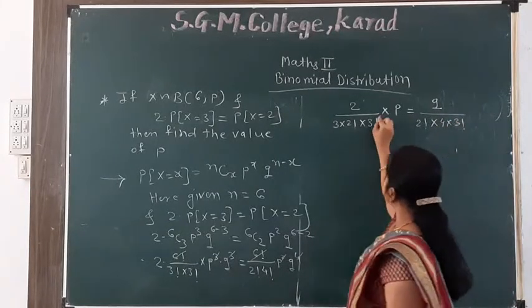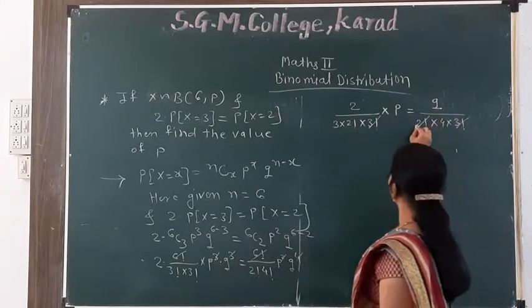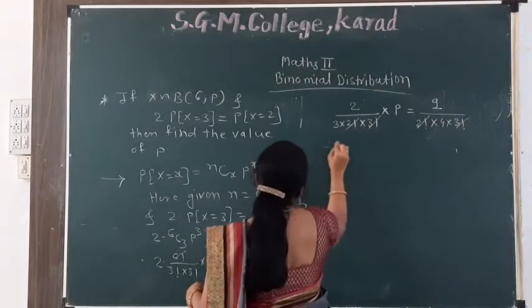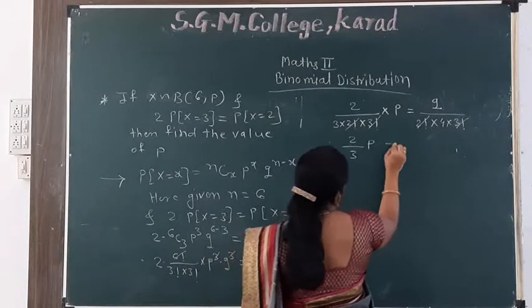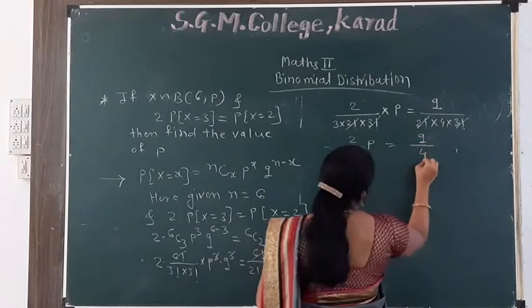So again 3 factorial and 2 factorial cancel out. So 2 upon 3 multiplied by p is equal to q divided by 4.